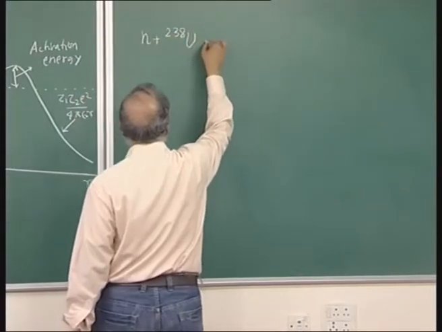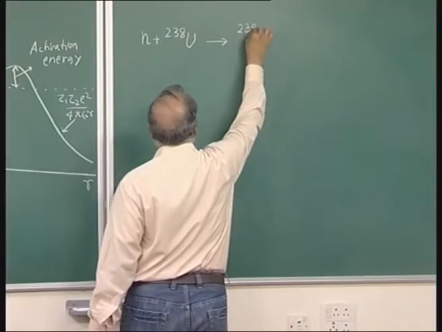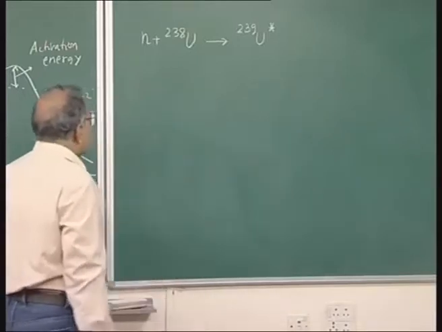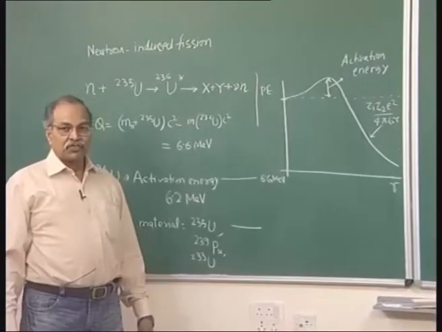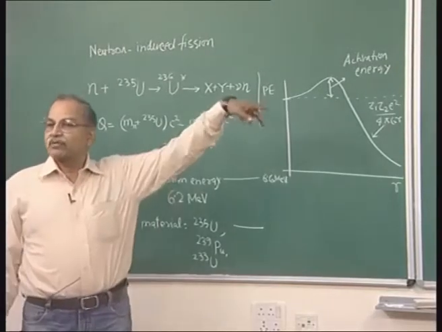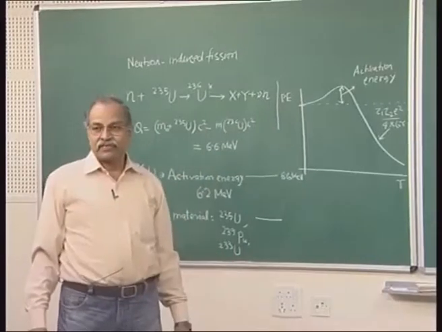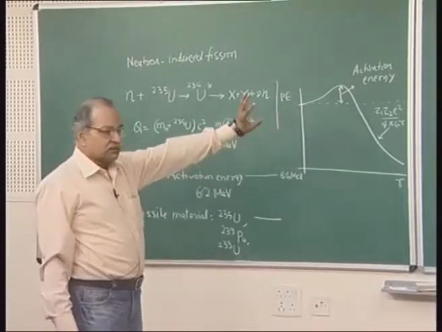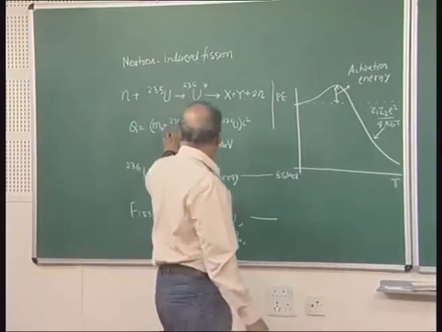If this gets absorbed here, it will make uranium 239 in excited state. What is the excitation energy? How much above ground state is this uranium 239 created if this neutron has almost 0 energy? If it gets absorbed there with initial kinetic energy 0, then you can calculate the Q value.